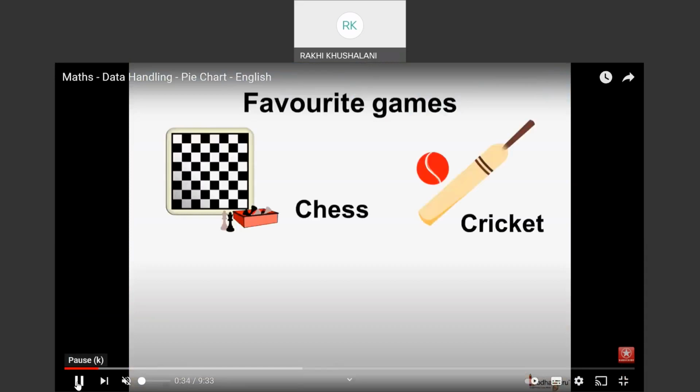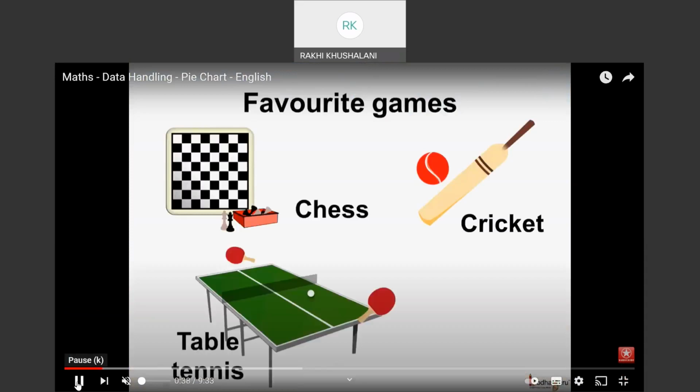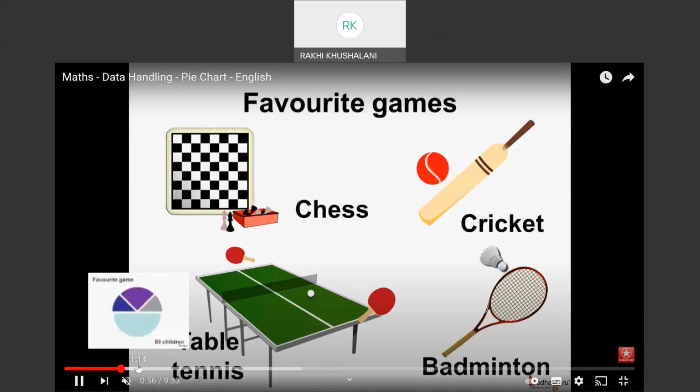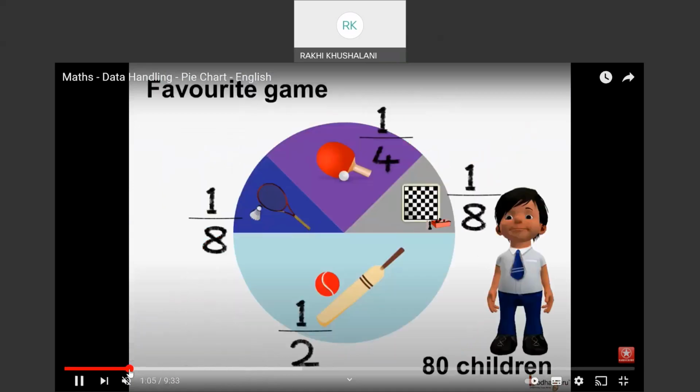The types of games available are chess, cricket, table tennis, and the badminton. So now these are the 4 sports being played at the summer camp. Now there may be a few students going in for chess, some for cricket, some for table tennis, and some for badminton. Maybe they will be selecting 2 games at a time.